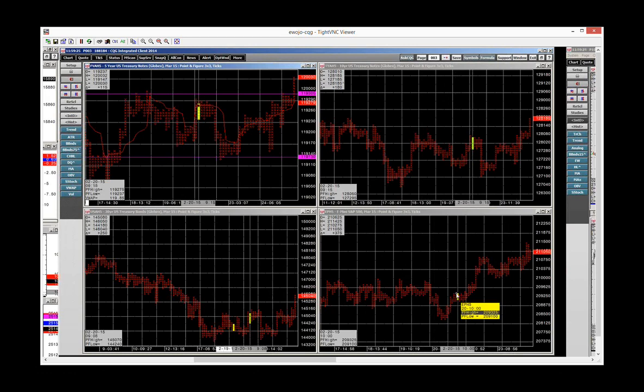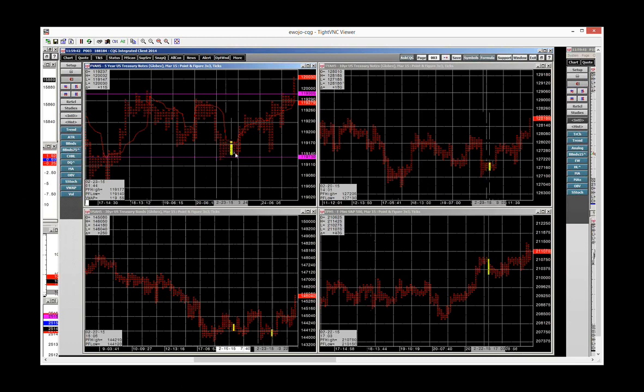I guess the best thing to do is just get long every day, because you've got a lot of central banks buying it with you. So that's the first thing I wanted to show you guys: if you can get some point and figure charts, it'll help you strip out a lot of time and a lot of noise, and you can really see where we've been at on the low side of our bands and then on the high side.